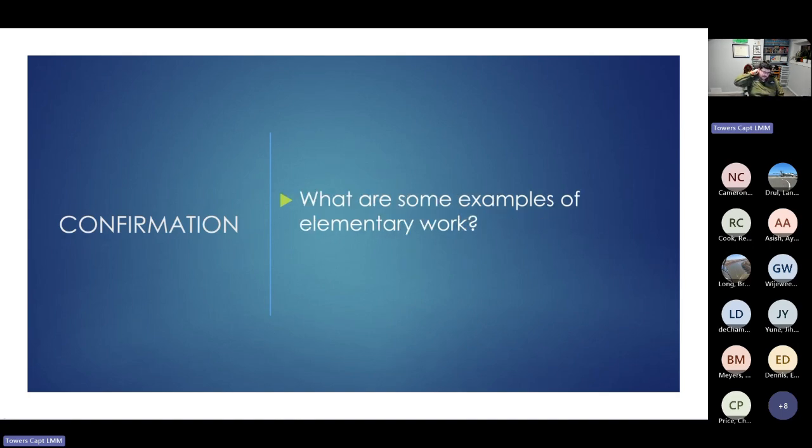What are some examples of elementary work that we went over? Elementary work is the kind of maintenance items that wouldn't trigger you having to get it signed off in the logs. Fabric patches less than 15 centimeters. Changing tires, as long as it doesn't require any removal of hydraulic lines.